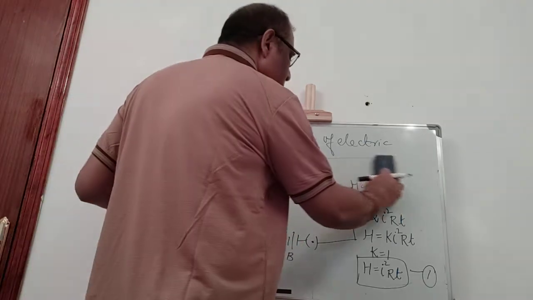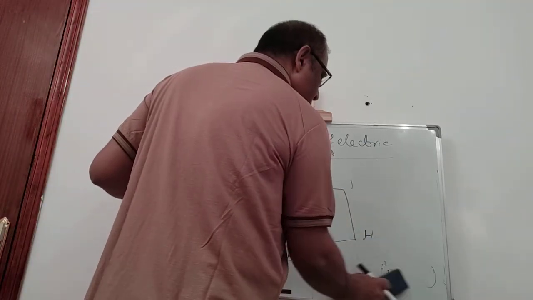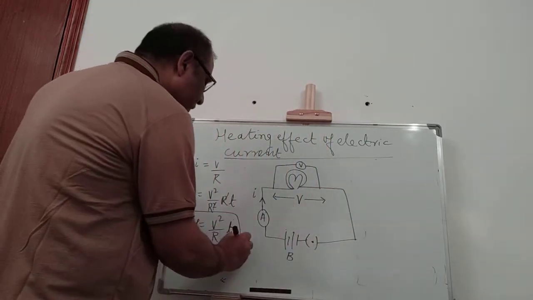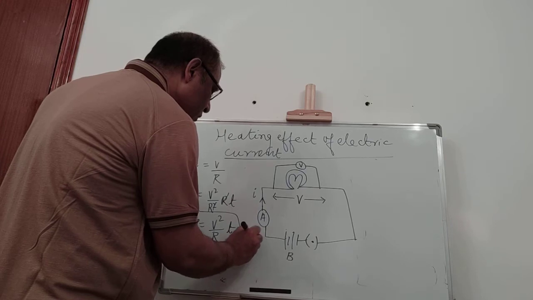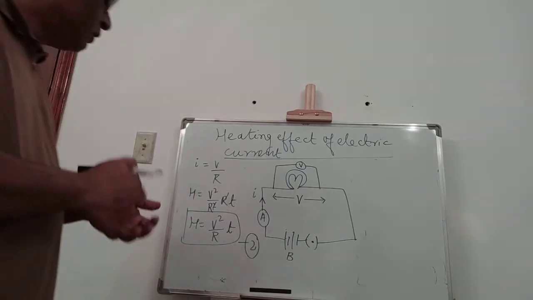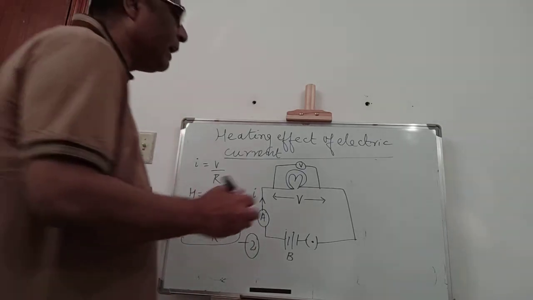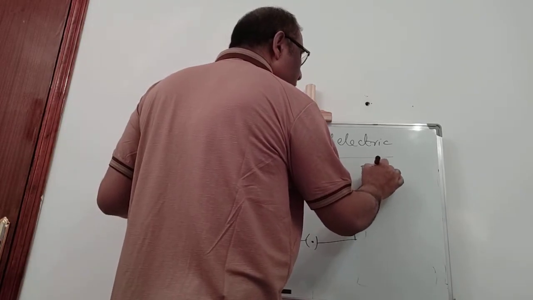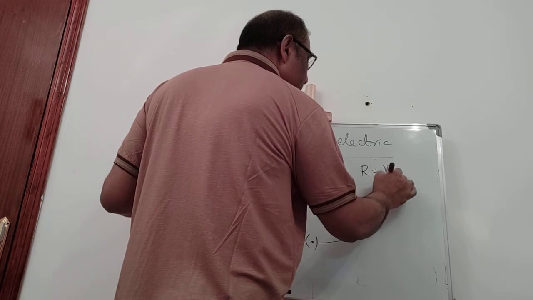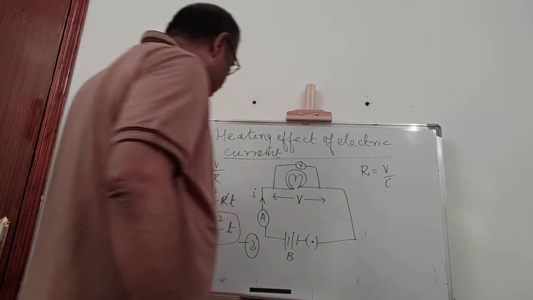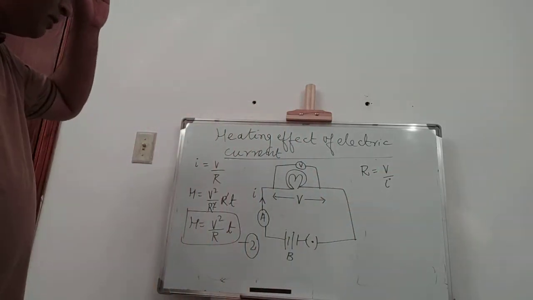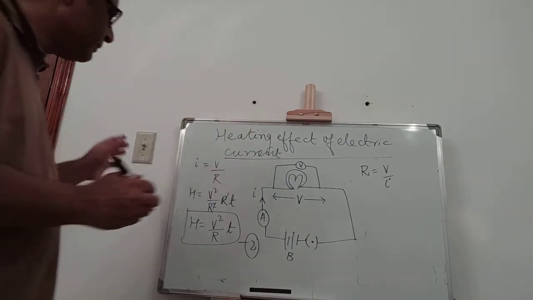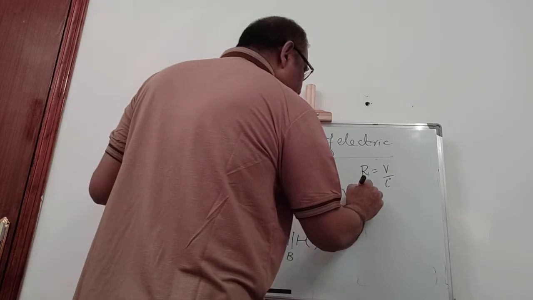Now, this may be formula 2. You also know that R equal to V upon I. Now putting this value of R in equation second, then what we get?